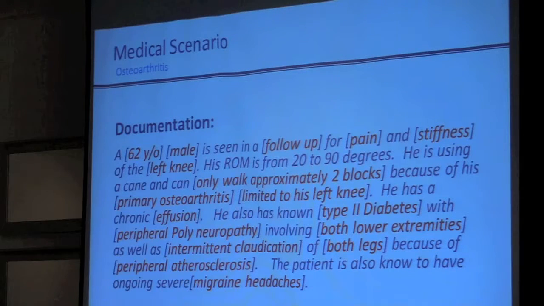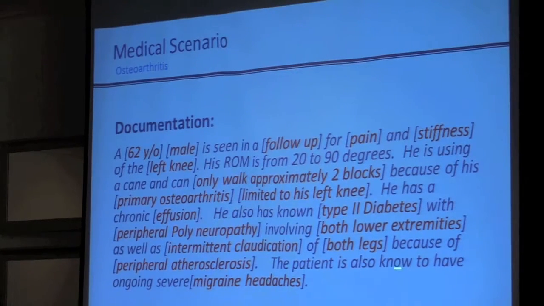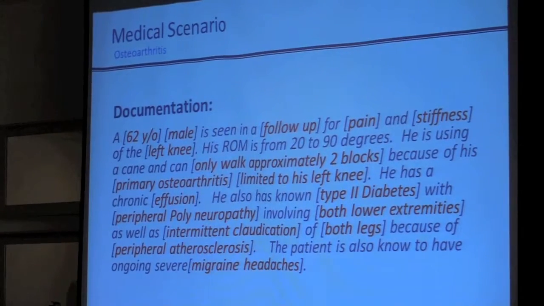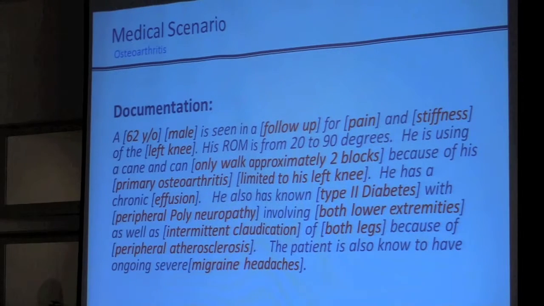Because of his primary osteoarthritis, which has been defined previously, limited to his left knee, he has a chronic effusion. He also has type 2 diabetes with peripheral polyneuropathy involving both lower extremities, as well as intermittent claudication in both legs because of peripheral atherosclerosis. He also has migraine headaches. Right? Not terribly unusual to see something like that.